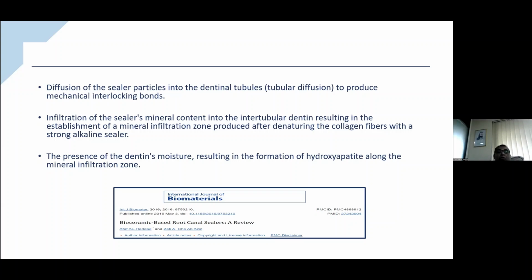The presence of moisture, resulting in the formation of hydroxyapatite along with the mineral infiltration zone, can be seen at a microscopic level.